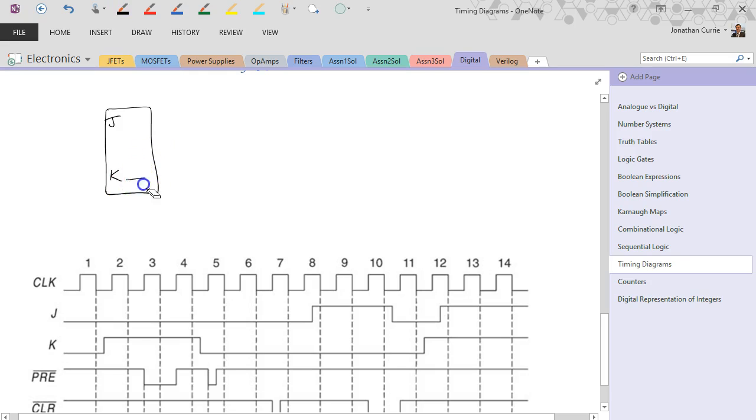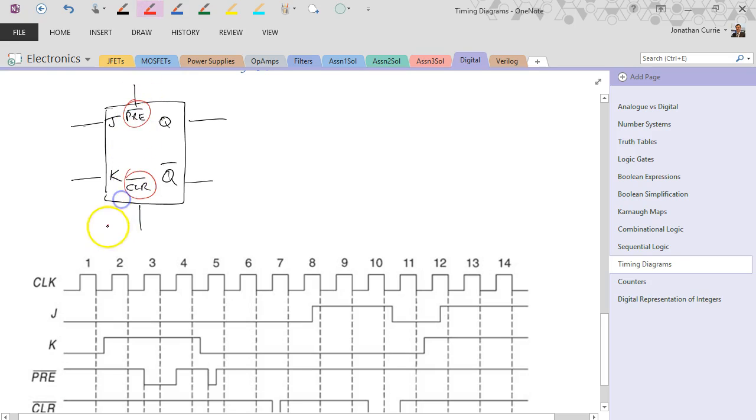We have a reset, or I should call it clear, and a preset, as well as our normal Q and Q bar outputs. Very similar to what we've seen before, except we have these 2 asynchronous inputs, and we're going to see why they're asynchronous when we have a look at the truth table.